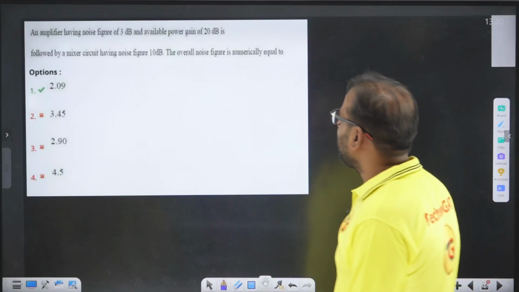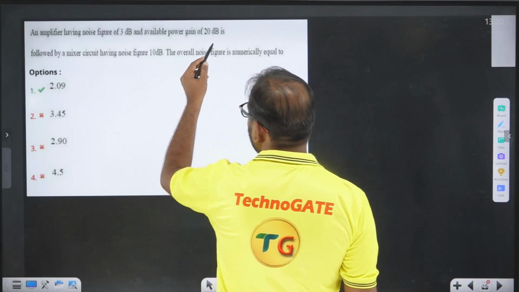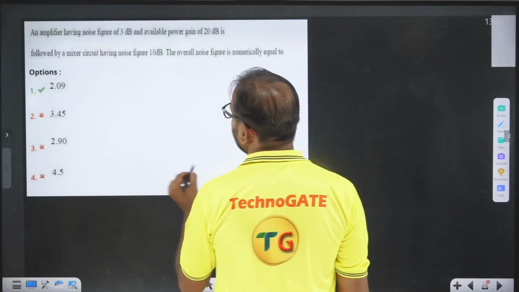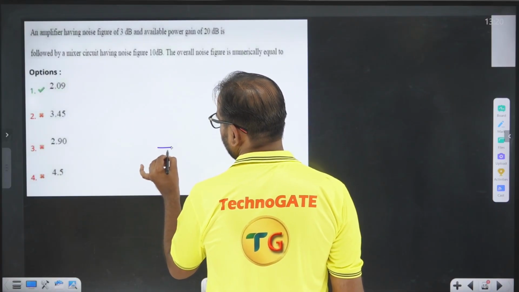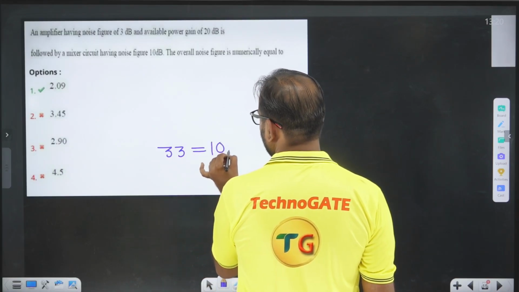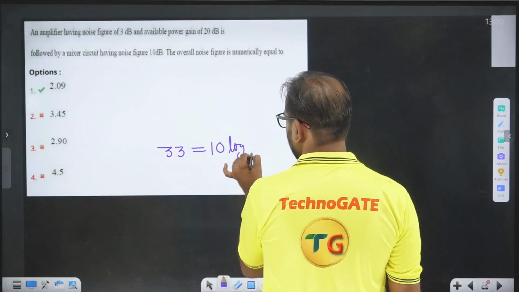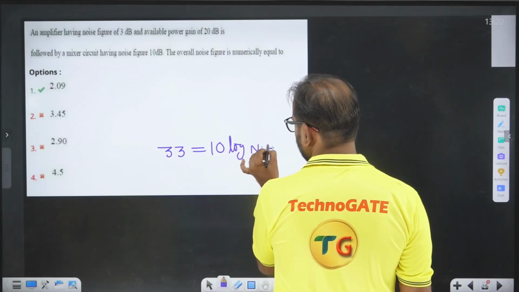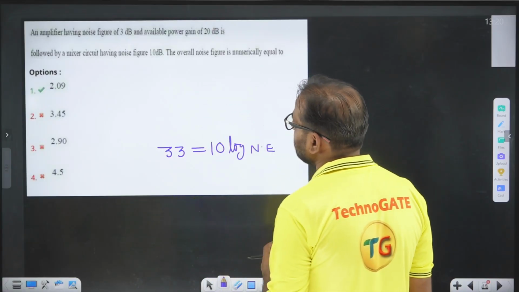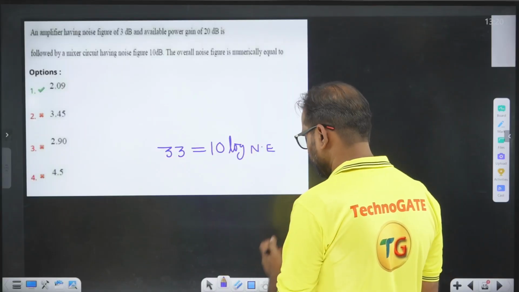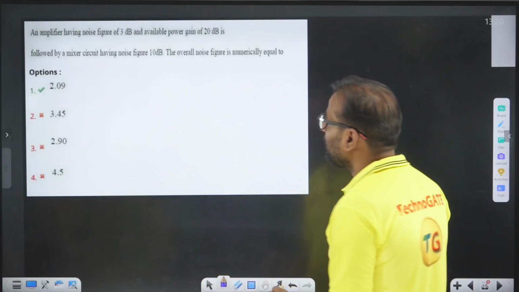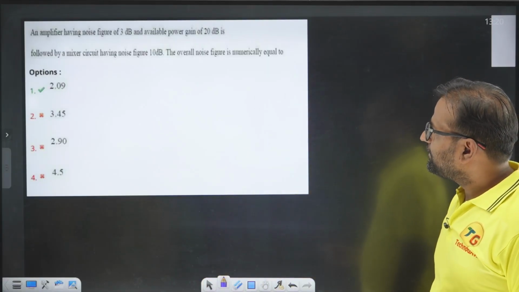So the overall noise figure is given by what? This value will be what?